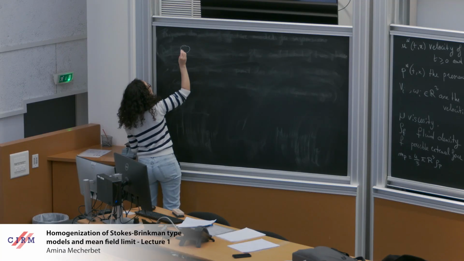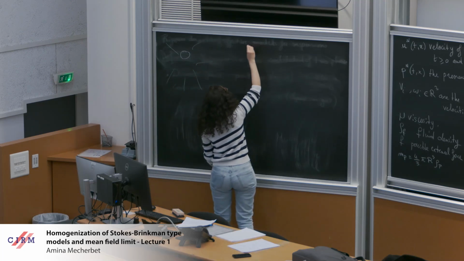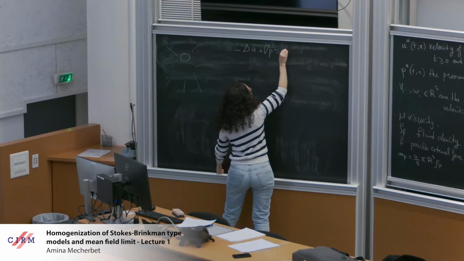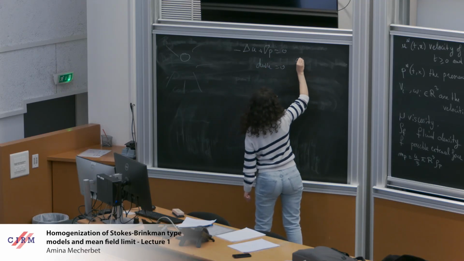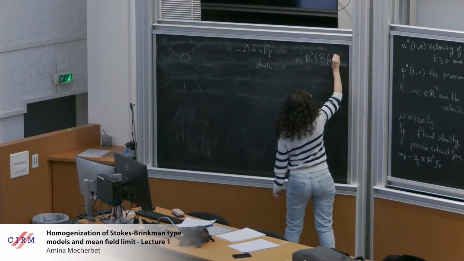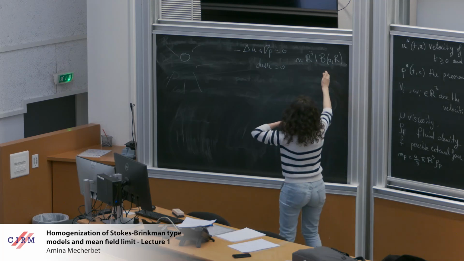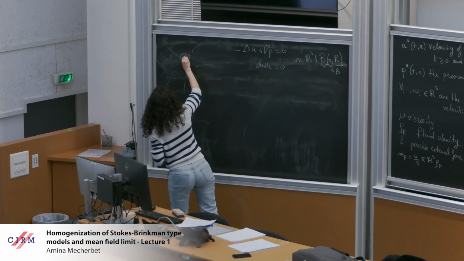You have only one particle inside the fluid domain, which is the whole space, and we have just a Stokes equation. For simplicity, I will assume the particle to be centered in 0 and keep the radius. I will call it B. So B is our spherical particle.